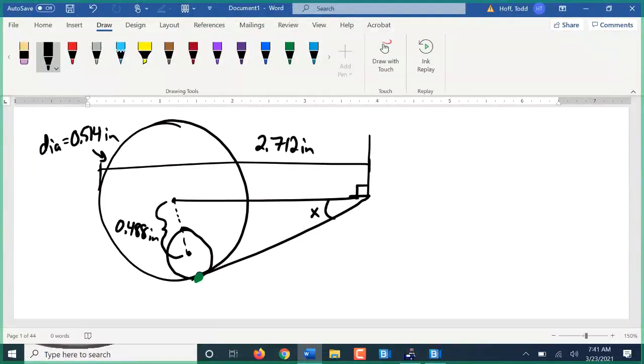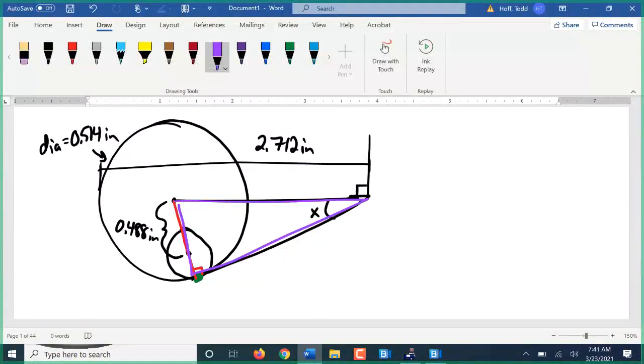Our right triangle here is relatively obvious. If I sketch in this radius all the way across, that forms a right angle. So this here is my right triangle. Let's look at what we know about that right triangle. We need to find some of the dimensions.